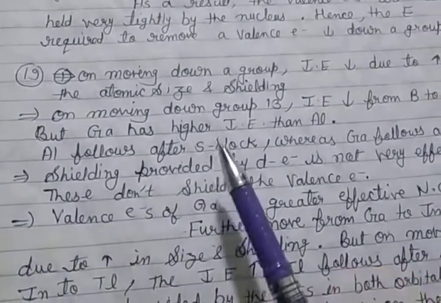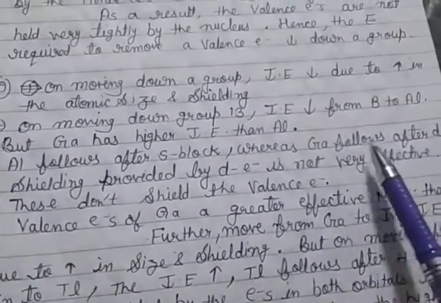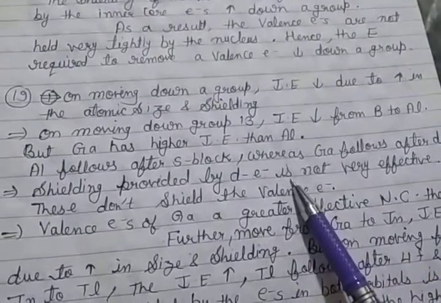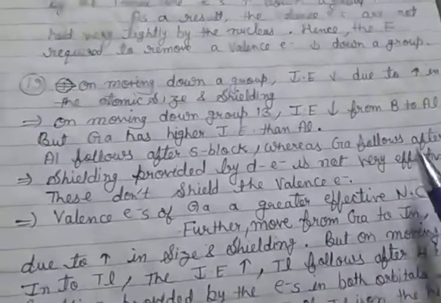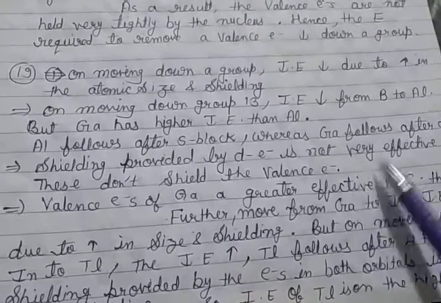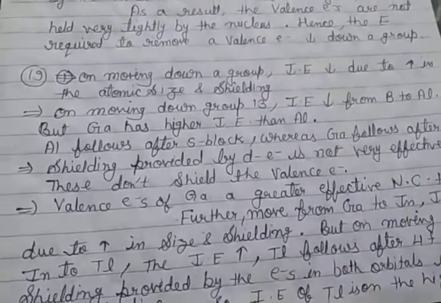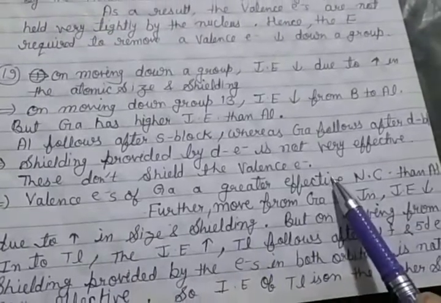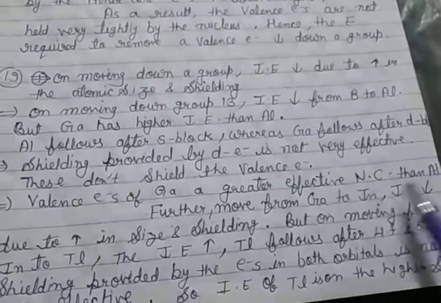Aluminium follows after the s block, whereas gallium follows after the d block. The shielding provided by d electrons is not very effective, so the valence electron of gallium experiences a greater effective nuclear charge than aluminium.